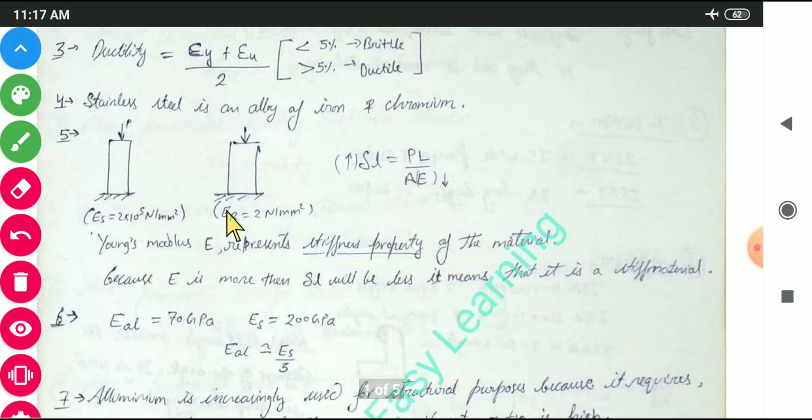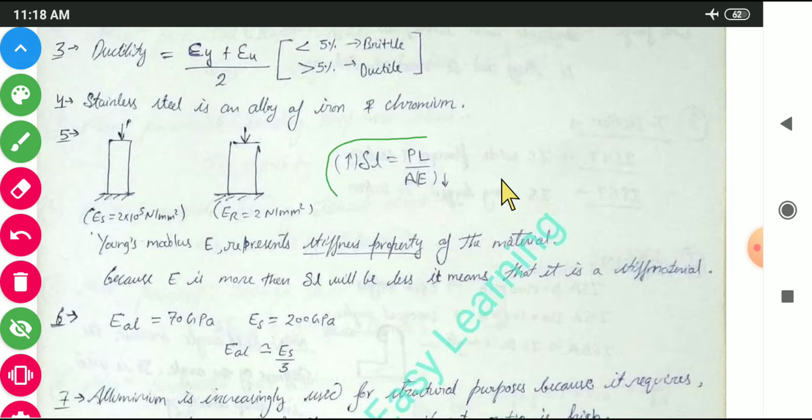Next, in point number 5, you can see the Young's modulus of elasticity of steel and Young's modulus of elasticity of rubber. Young's modulus E represents the stiffness property of the material. You are very well aware of this formula: change in length is equal to PL upon AE.